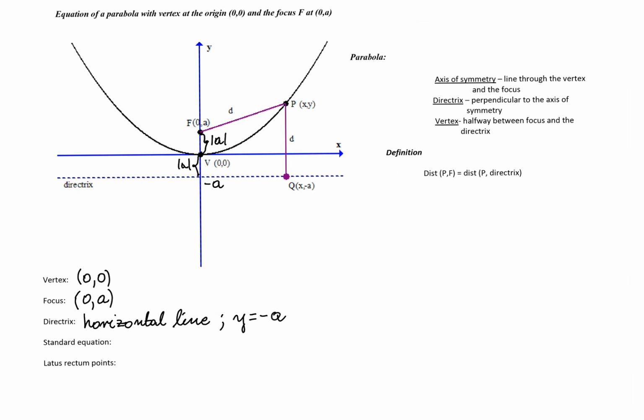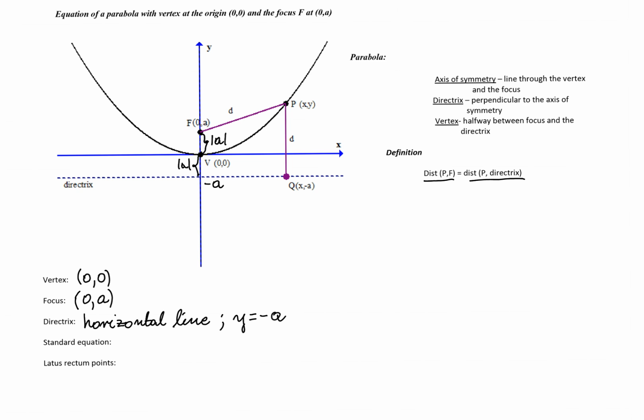Now, what will be the equation of such a parabola? Suppose the point P with coordinates (x, y) is on the parabola. Then we know that the distance between the point P and F has to be the same as the distance between the point P and the directrix.